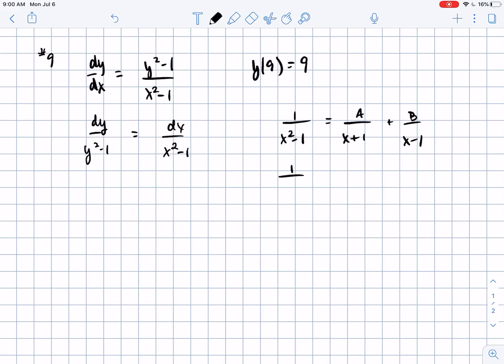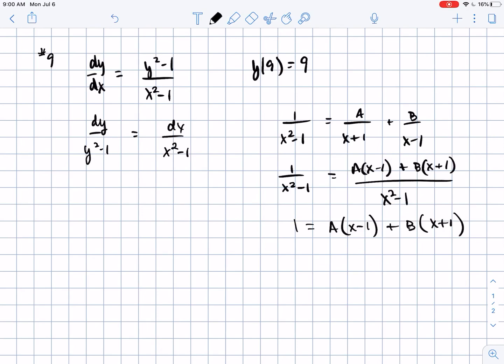If we use common denominators, we would get a times x minus 1 plus b times x plus 1, and then this is going to be all over x squared minus 1. So now you can see that the numerators are the same, and we can then set up our equation this way.